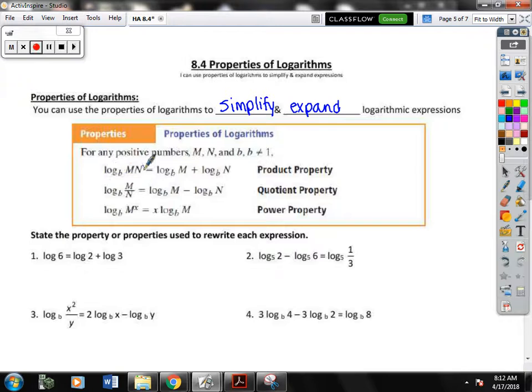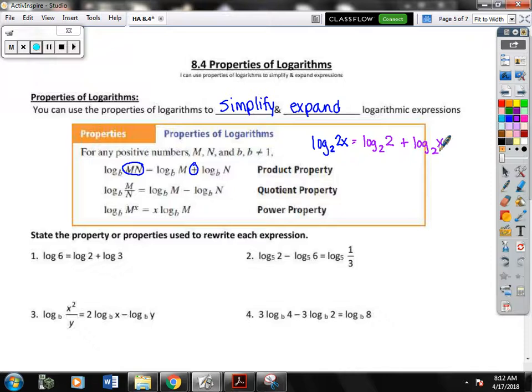So the product property tells you that if you are having a log, doesn't matter what the base is, of 2 numbers being multiplied together, you can split that into 2 logarithms with the same base being added together. So for example, log base 2 of 2x would be equal to log base 2 of 2 plus log base 2 of x.